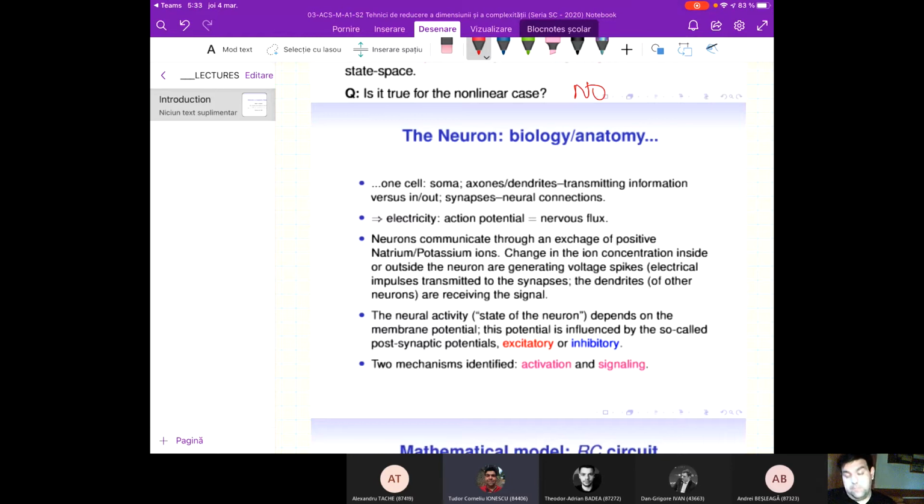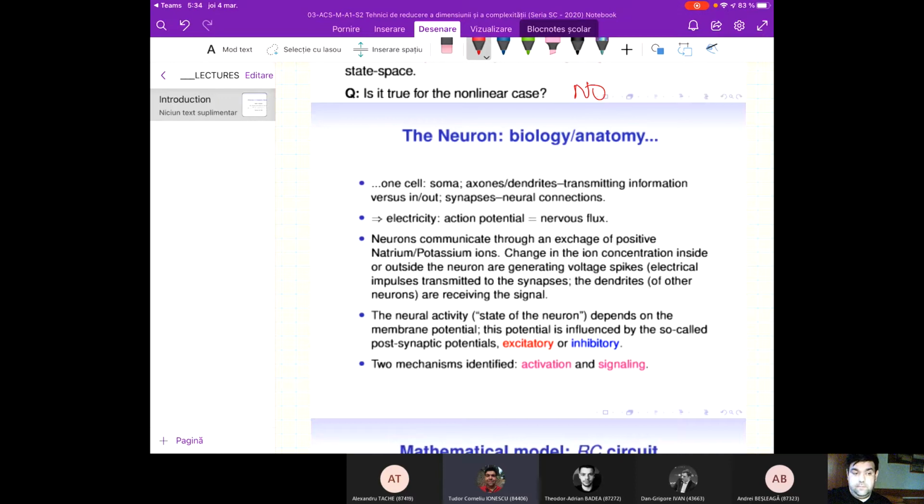How can this be modeled by a physical or a mathematical system? The neurons communicate with each other through electricity, through a so-called action potential, which gives the nervous flux. Essentially, the neurons communicate through an exchange of positive sodium and potassium ions.